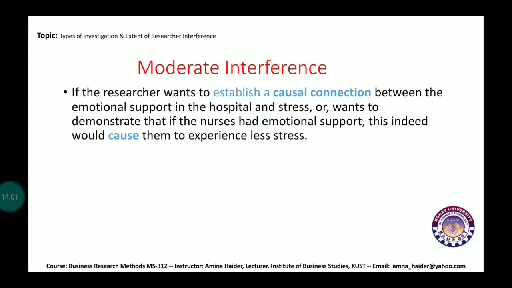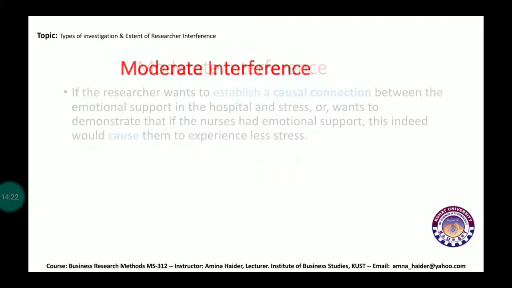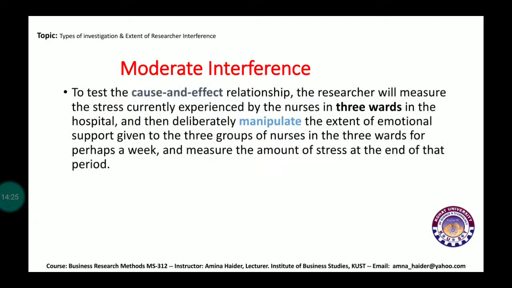If the researcher wants to establish a causal connection between the emotional support in the hospital and stress, or wants to demonstrate that if the nurses had emotional support, this indeed would cause them to experience less stress. To test the cause and effect relationship, the researcher will measure the stress currently experienced by the nurses in three wards.